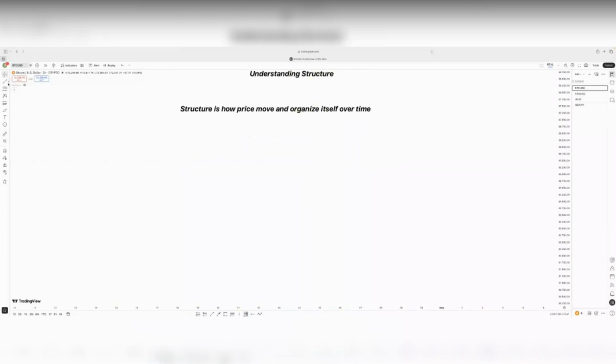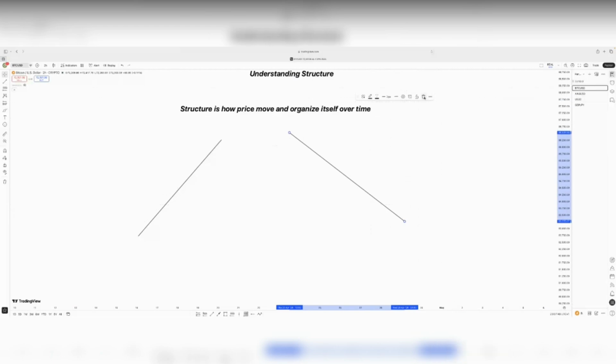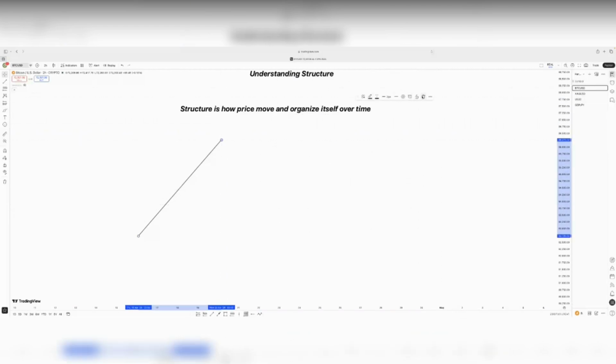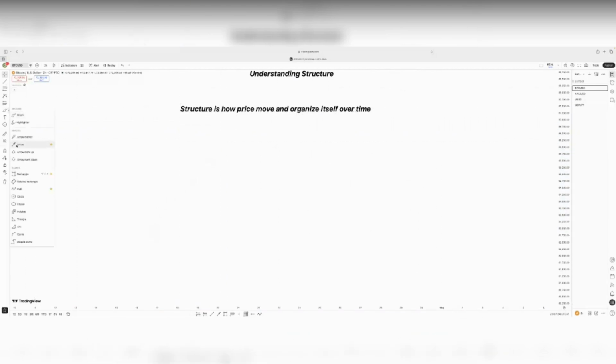Price does not move in a straight line. What it does is it moves, pulls back, breaks, consolidates, breaks, pulls back, continues.